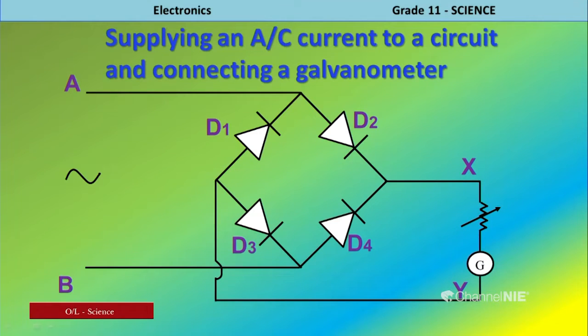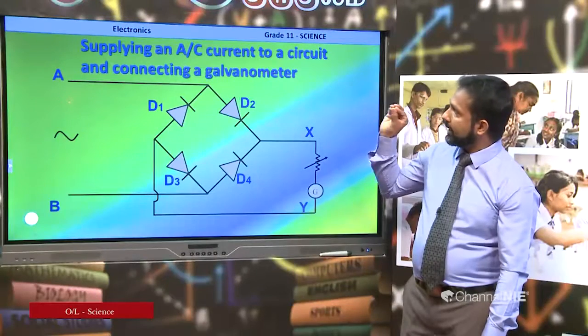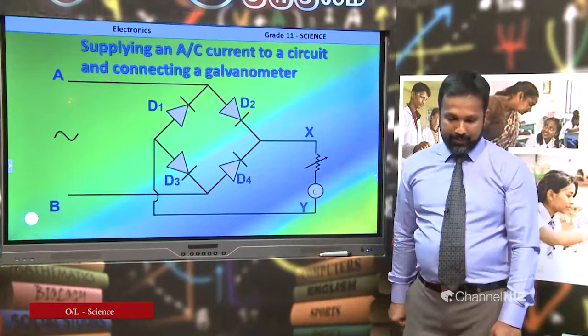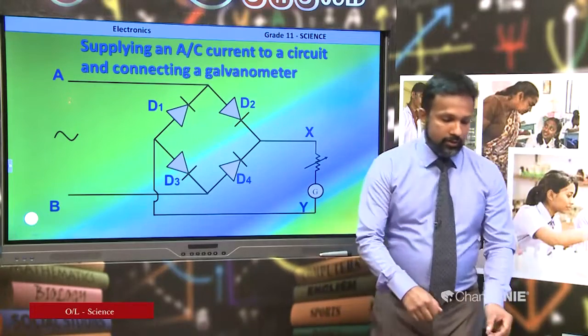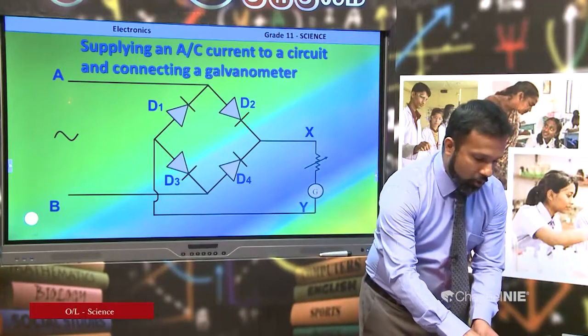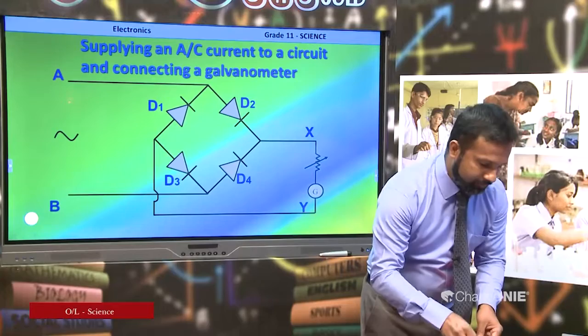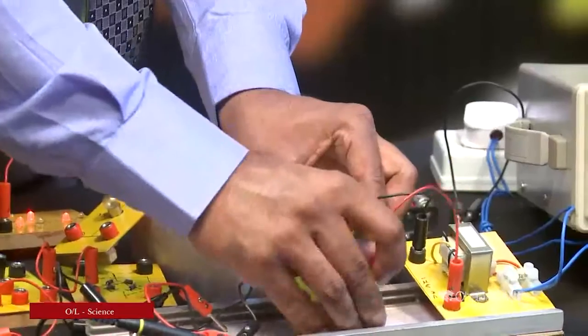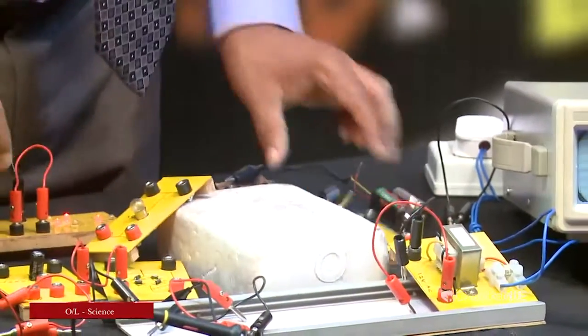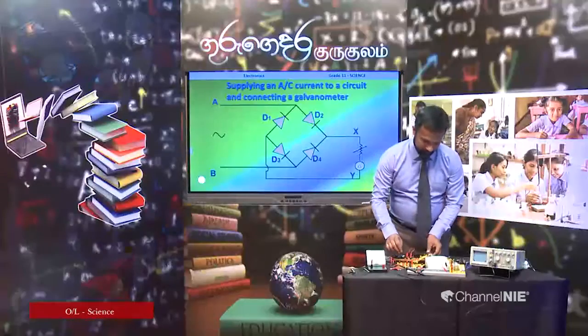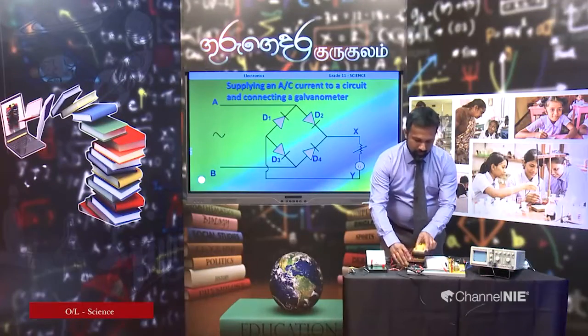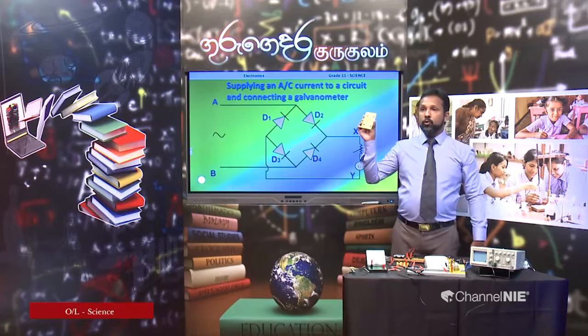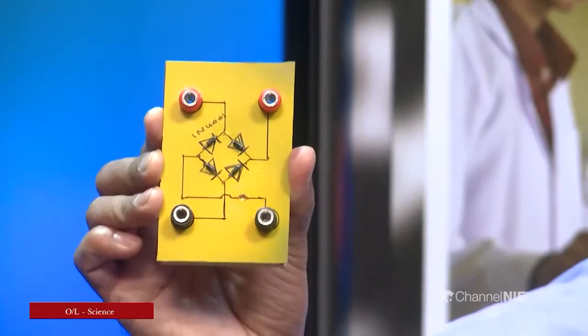Right. So when supplying an AC current to a circuit and connecting to a galvanometer, what will happen? Let's see that. I am going to connect the full wave rectifier circuit. This shows you the rectifier bridge.